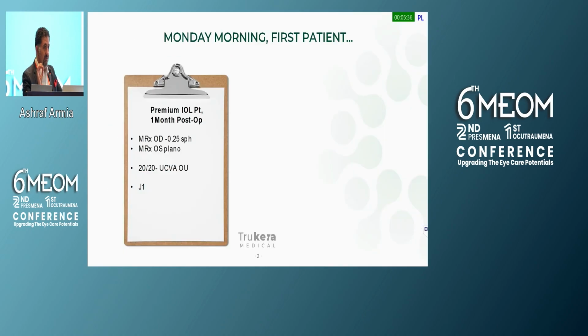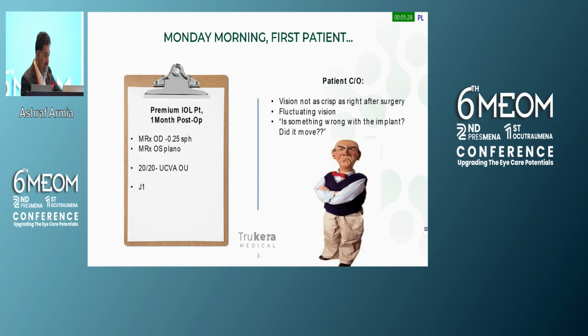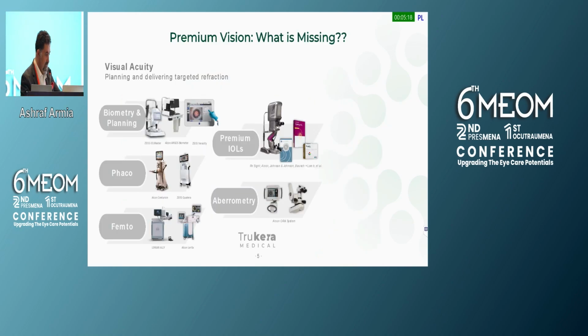You can have a premium IOL patient, 1 month postoperatively, he's perfect. He's 20/20, but the patient is unhappy. He's seeing 20/20, but he's always complaining, I am not happy with 20/20. If you are setting your concept for premium vision, you should ask what's missing.